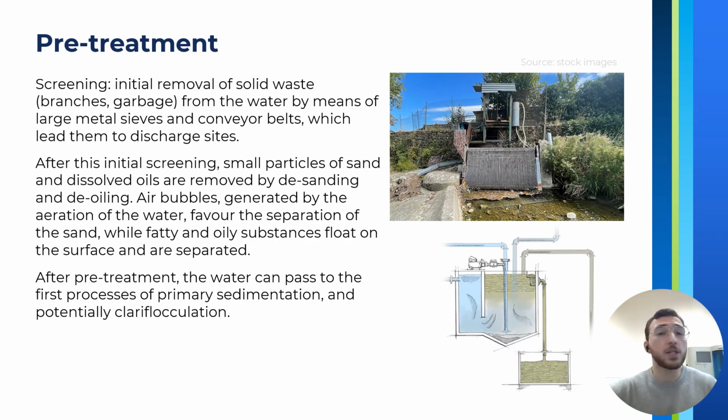At the same time, aeration also favors the separation of fatty and oily substances, which float on the surface and can thus be separated, if they have not yet been separated by the earlier processes. After these treatment processes, water is then ready to move on to the first sedimentation process, also called primary sedimentation.